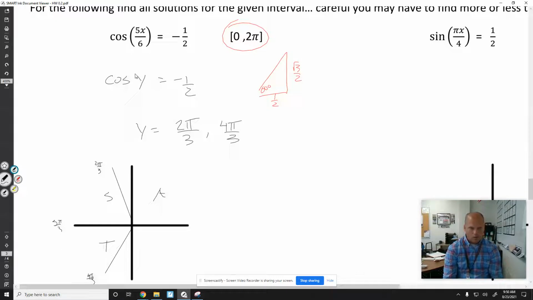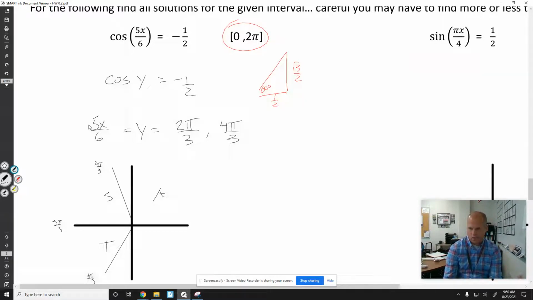Well, how do I get my solutions for x? Ready? We took this y and we replaced all the stuff inside of here with y. So if I have my solutions for y, I realize y is the same as 5x over 6. So I'm just going to re-replace y. Now there's no longer cosine. y was my angle that I was finding, and my angle is 5x over 6.